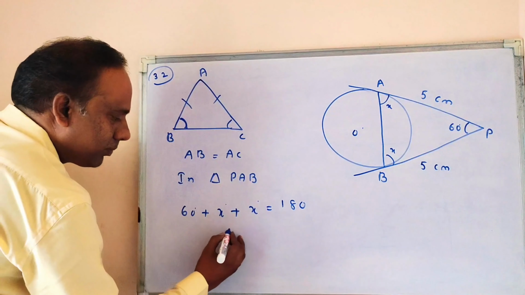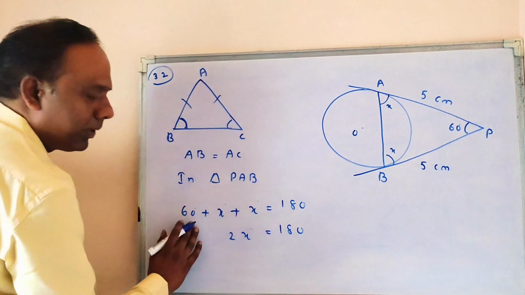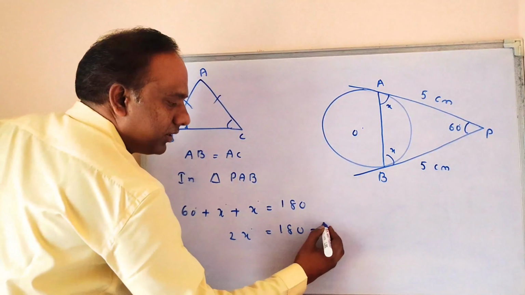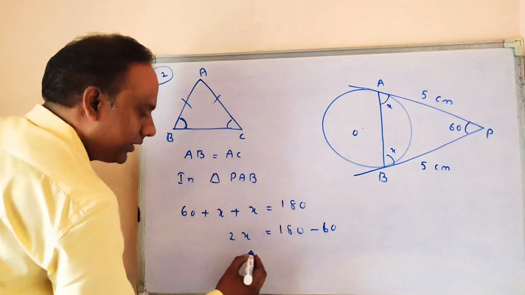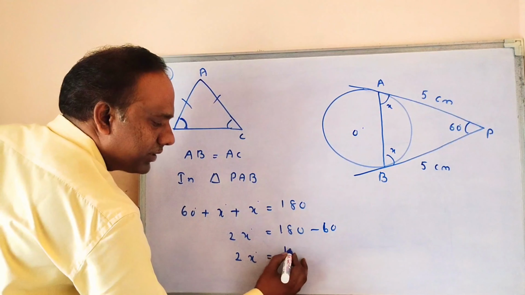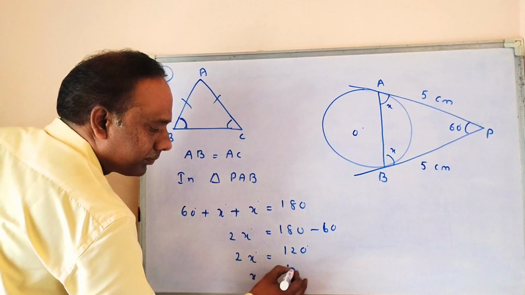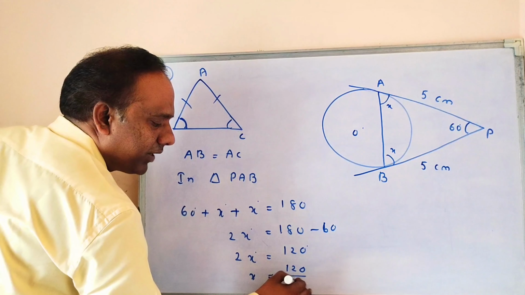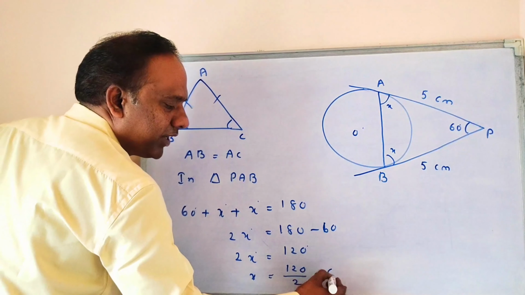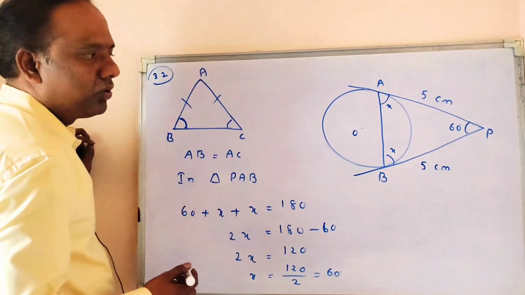So x plus x is 2x degrees, which is equal to 180 minus 60, taking it to the right side, it becomes minus 60. 2x degrees is equal to 180 minus 60, which is 120. So x is equal to 120 divided by 2, which is 60 degrees. So here x is equal to 60 degrees.